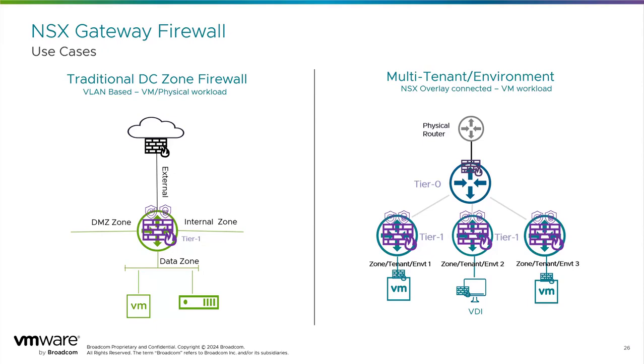So your north-south access control and threat protection for any workload, and north-south outbound filtering and threat prevention for VDI. You'll notice in the middle that we do have those workloads by tenant, zone, and environment, each one having its own IDS/IPS capability.